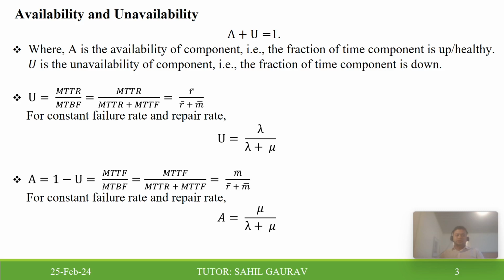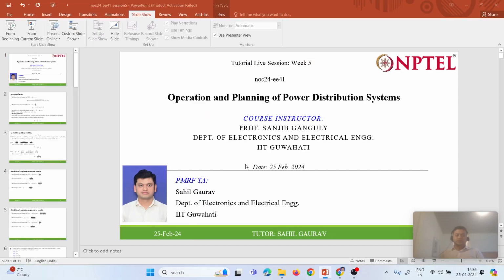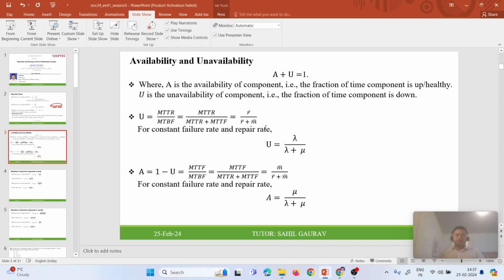If the component is unavailable, it is under repair, so you take the mean time to repair in the numerator. So the unavailability is the ratio of mean time to repair to the mean time between failure. You will get R bar upon R bar plus M bar.